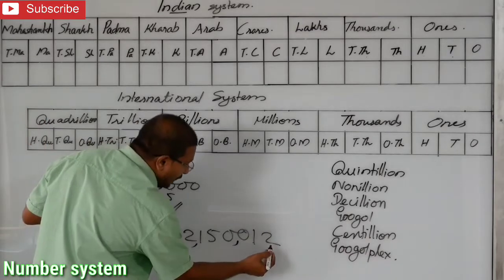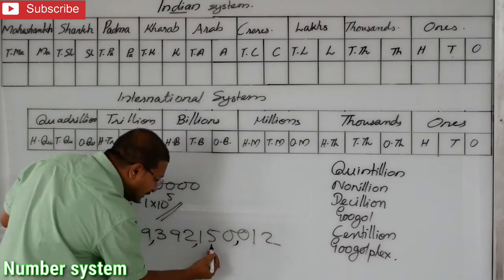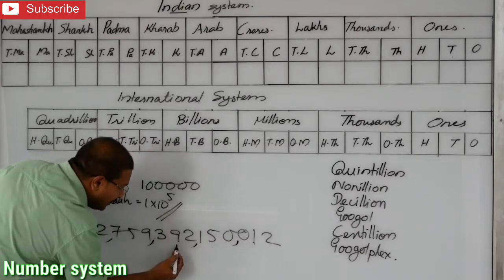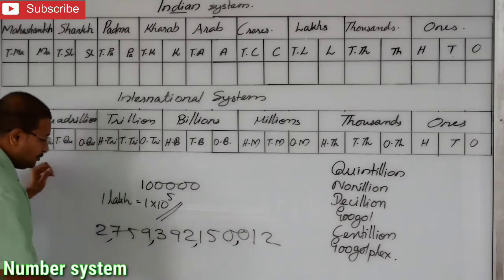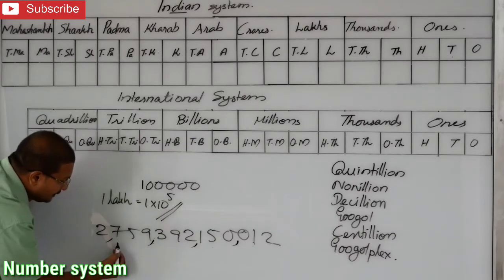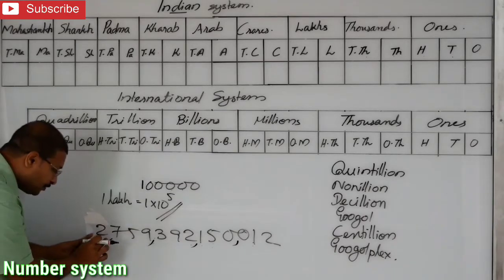This way. Ones, tens, hundreds, 1,000, 10,000, 100,000, 1 million, 10 million, 100 million, 1 billion, 10 billion, 100 billion. After that trillion. 1 trillion.